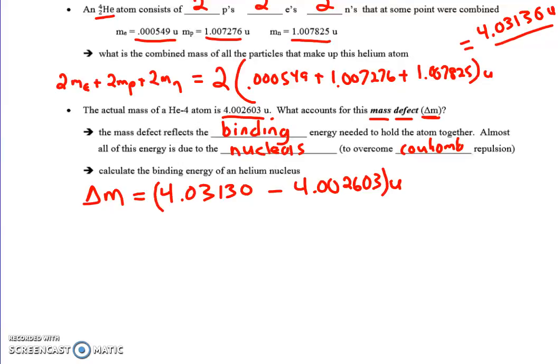Remember, we're in atomic mass units. So get out the calculator. When we punch in the numbers, we see that the mass defect is a very, very small amount, 0.028697 atomic mass units.